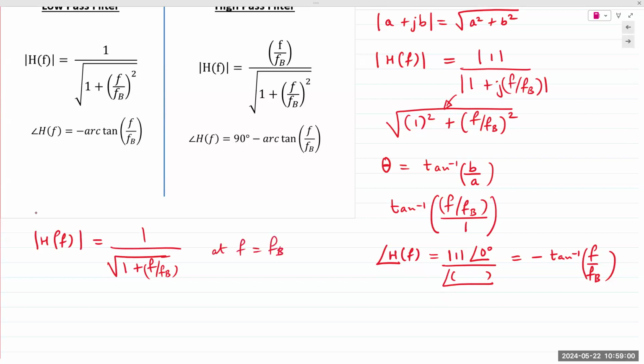What do you get? When f is equal to fb, 1 over root 2. Guess what value is 1 over root 2? 0.707. That's where it comes from.